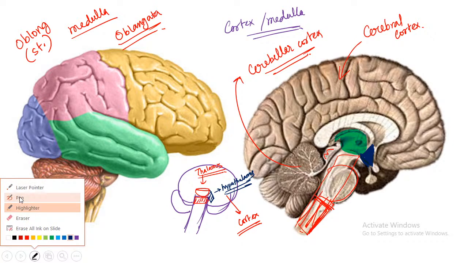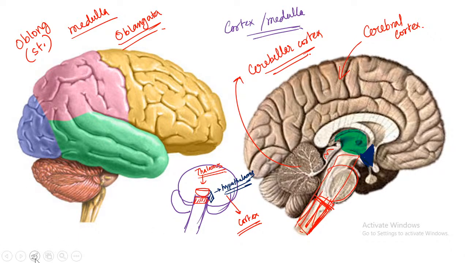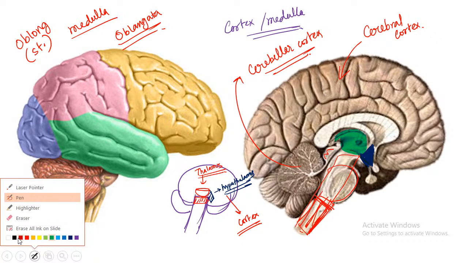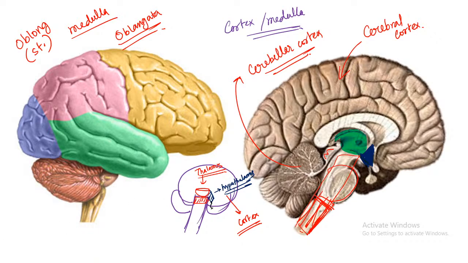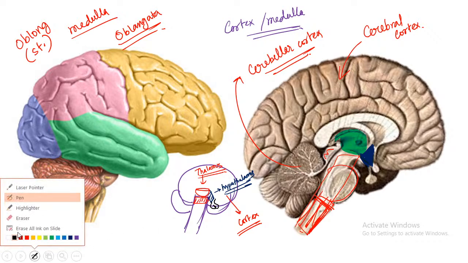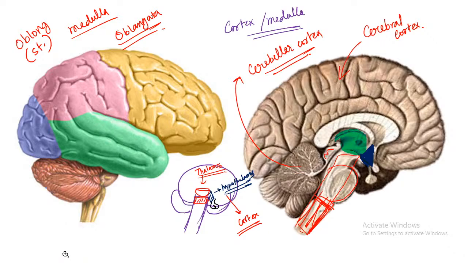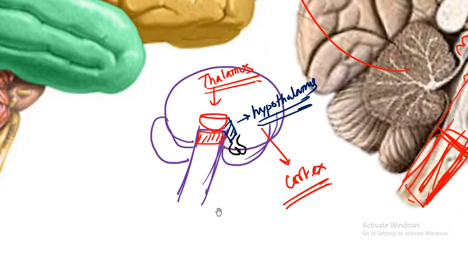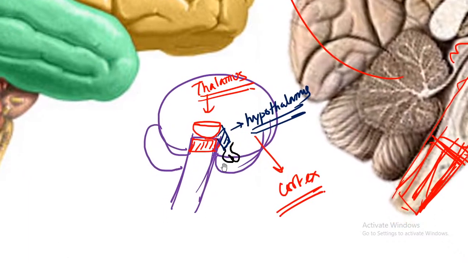In front of the hypothalamus, we have a structure known as the pituitary. Can you see the diagram that I am drawing with my hand? Try to identify it over here. This part is the pituitary.